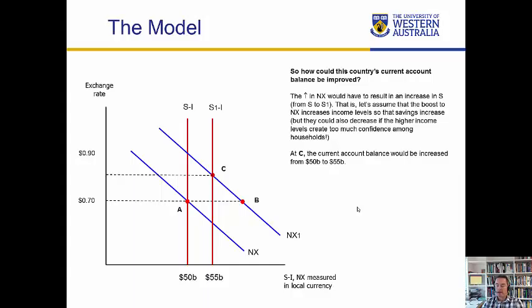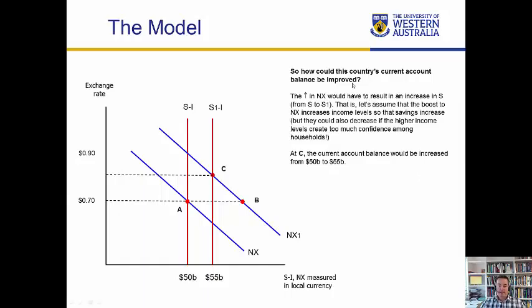So in calling an increase in a country's current account balance from 50 billion to 55 billion an improvement, I'm really assuming that the original current account surplus was a result of good economic or macroeconomic fundamentals, rather than something like a currency crisis.